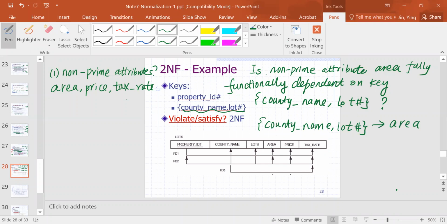The same question can be rewritten as: is this particular one a full functional dependency?